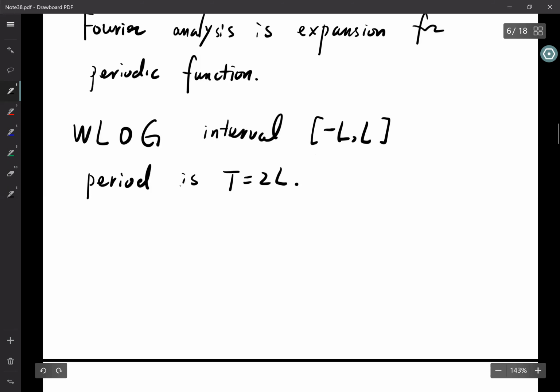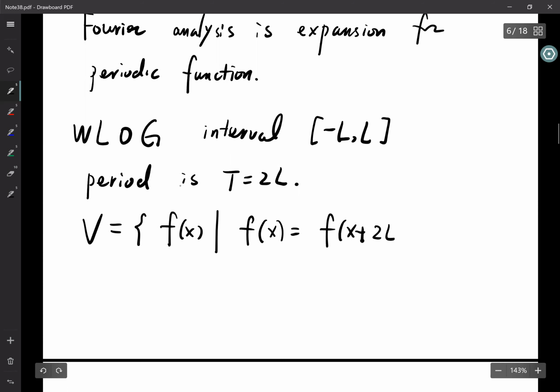So now I would like to consider a basis. My vector space is the following: f(x) equals f(x plus 2L).